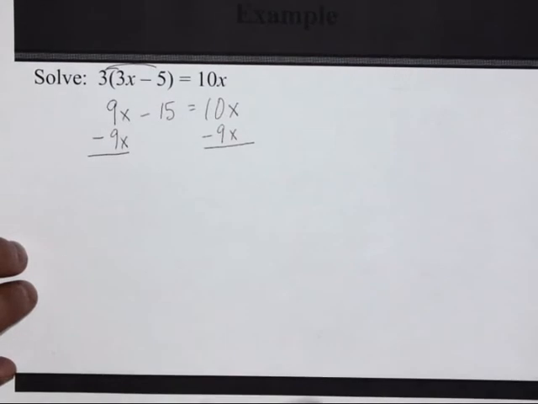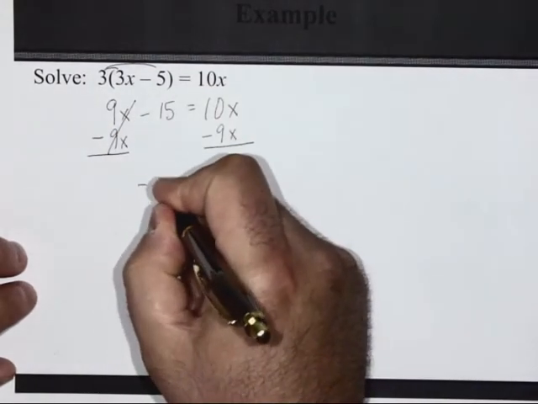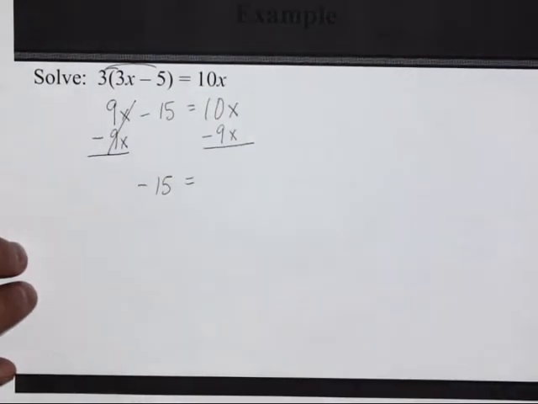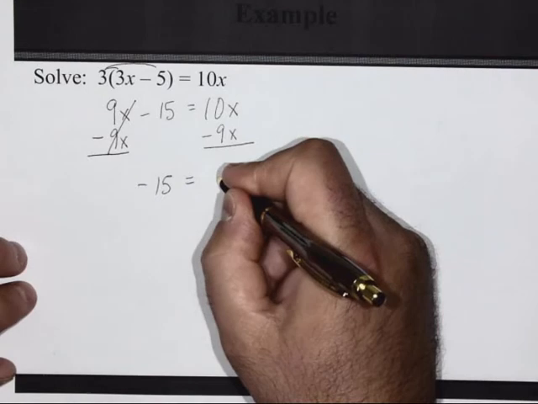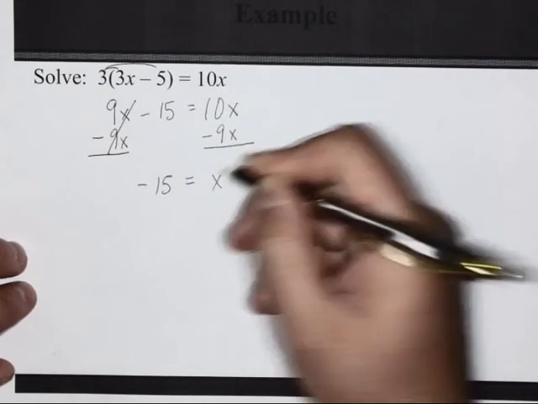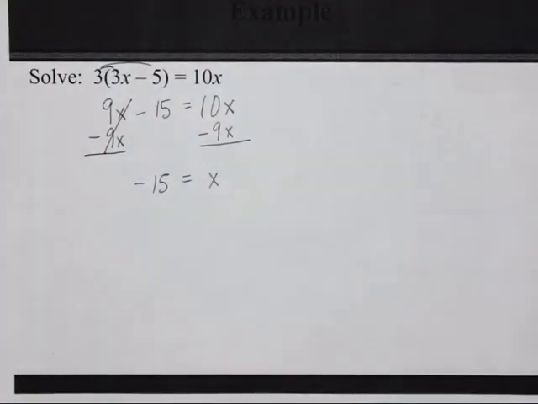And if I do that to both sides, I end up getting negative 15 equals 1x, which is the same as x. And in one fell swoop, I have this equation solved. That would be the most efficient way to do the problem.